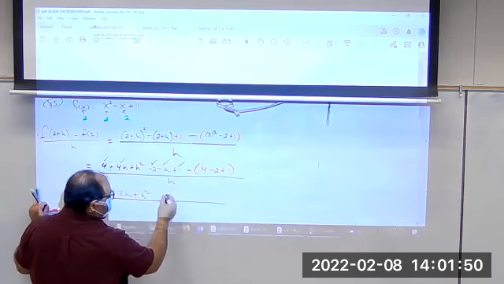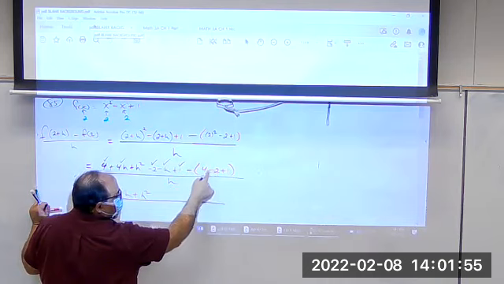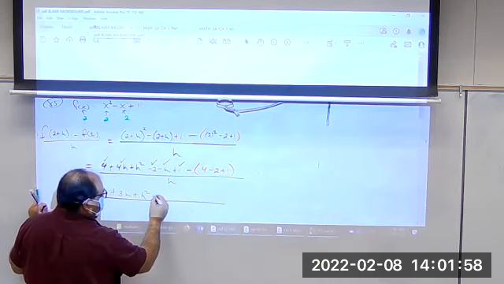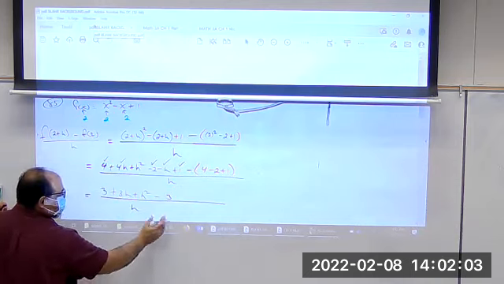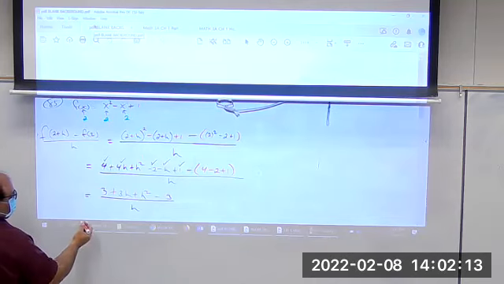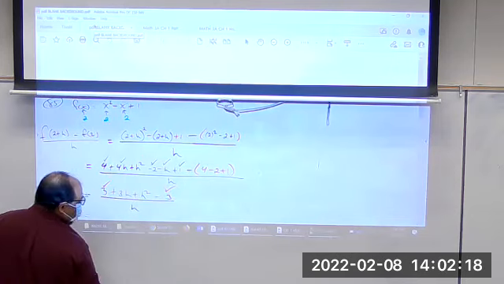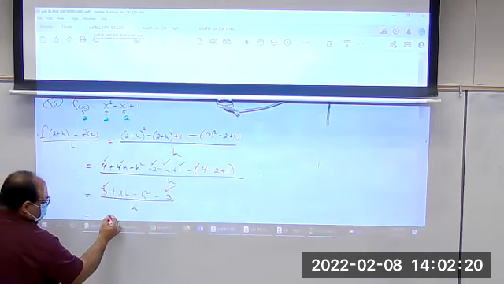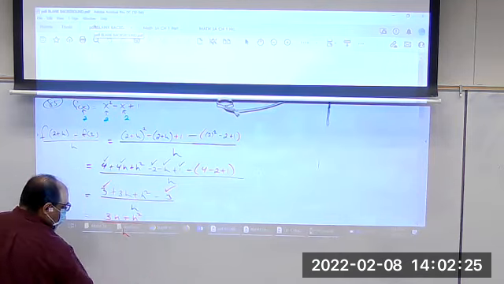And then you still have minus. 4 minus 2 is 2. 2 plus 1 is 3. So this is minus 3, all over h. The 3 minus 3 cancels out. So you're left with 3h plus h squared over h.